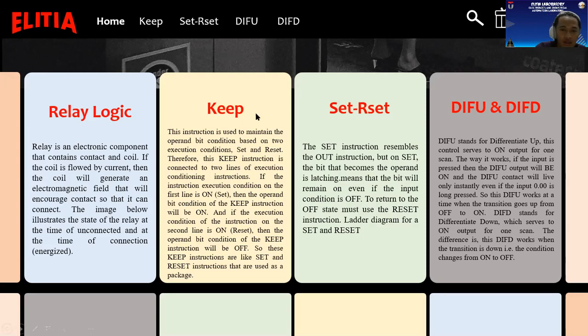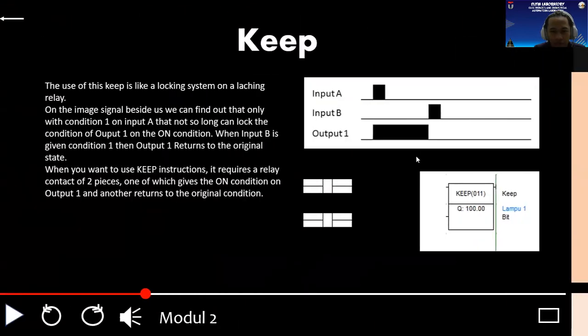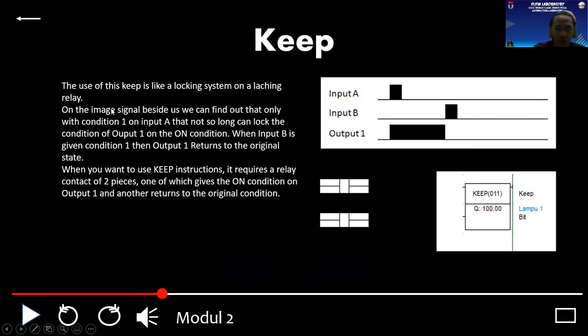We can see the image picture. The use of keep is like a locking system and a latching relay. Yes, this one is like a latching relay. On the image beside us, we can find out that only with condition 1 on input A, then output 1 goes to the on condition.